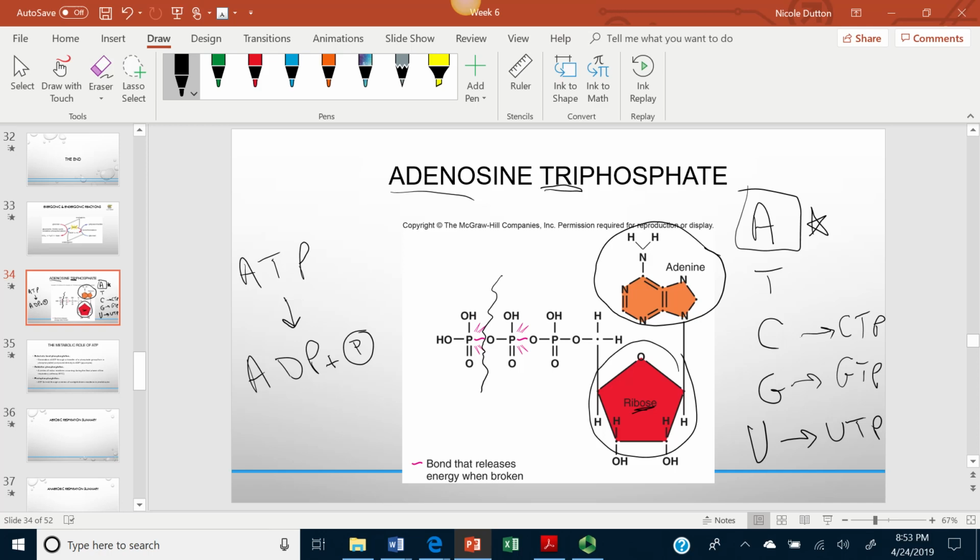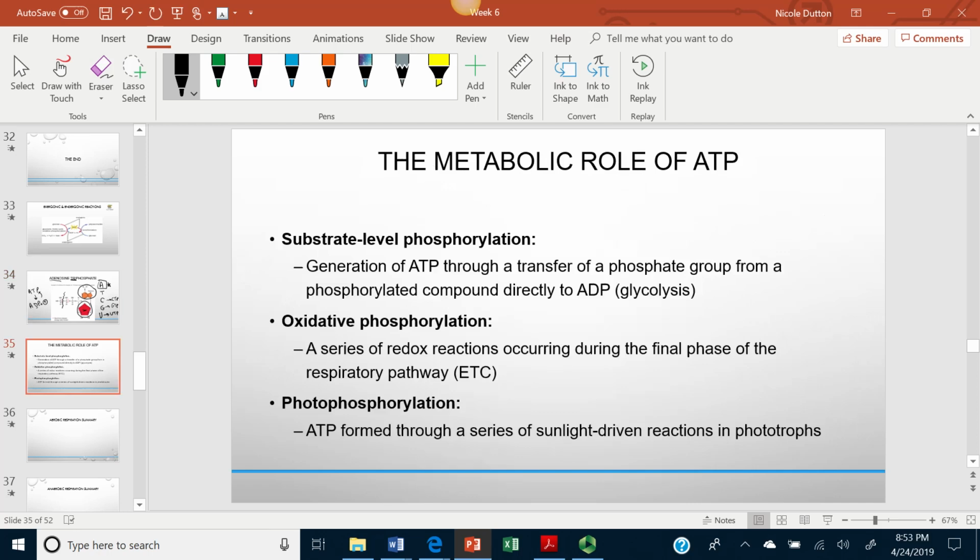So ATP, when you break off that bond, becomes ADP, adenosine diphosphate. Now, in order to produce energy, we want to put that back together and go back to ATP. Every time we do something in the cell, we need something input into the system to get it back to ATP.